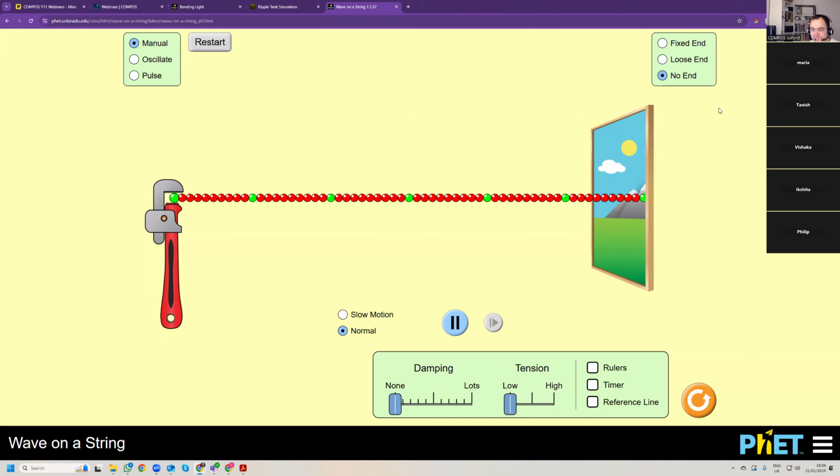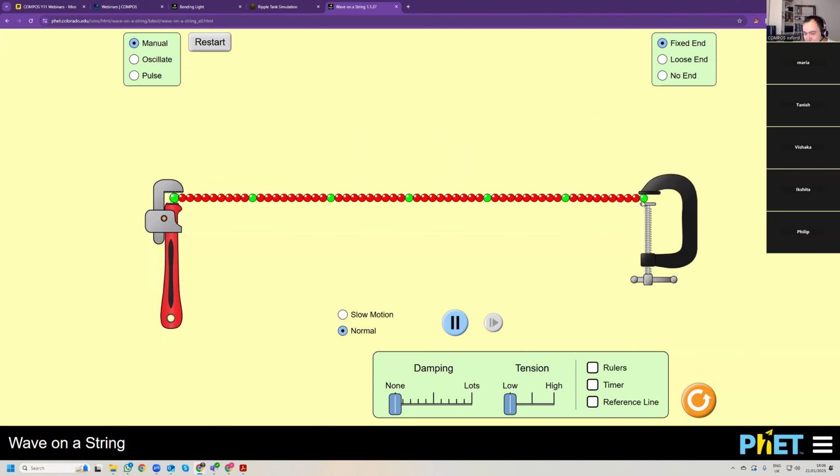However, if the rope is not infinite and is tied at the other end, we flick it and then it reflects.